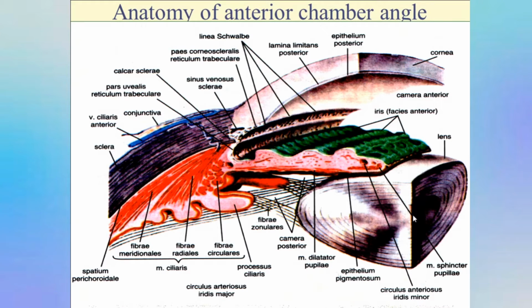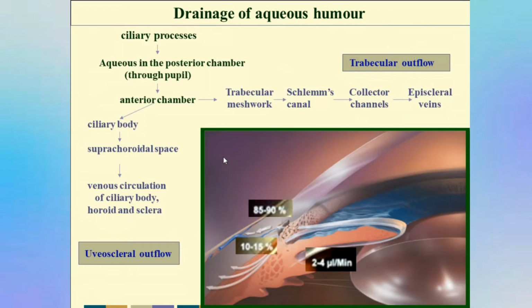On this picture, you can see the anatomy of the anterior chamber angle, a difficult structure which helps aqueous humor leave the eye. I would like us to memorize how aqueous humor appears in the eye and how it leaves the eye.